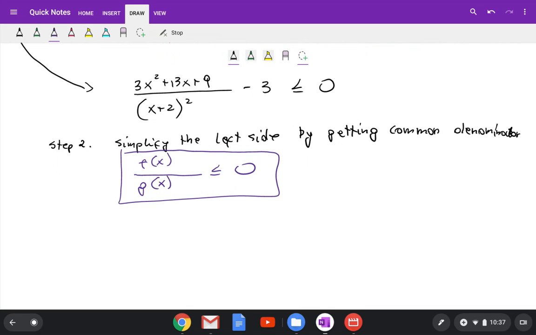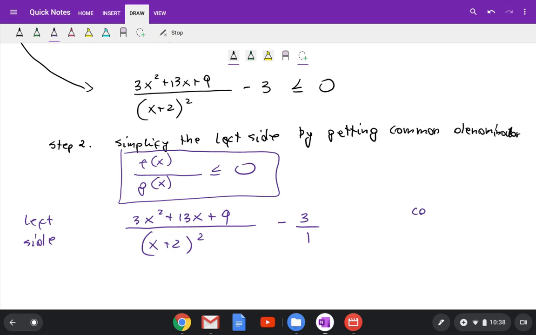Our left side is 3x squared plus 13x plus 9, divided by x plus 2 to a second power, and then you have minus 3, which you can put as 3 over 1. To get a common denominator, you may think a little bit like cross multiplication.